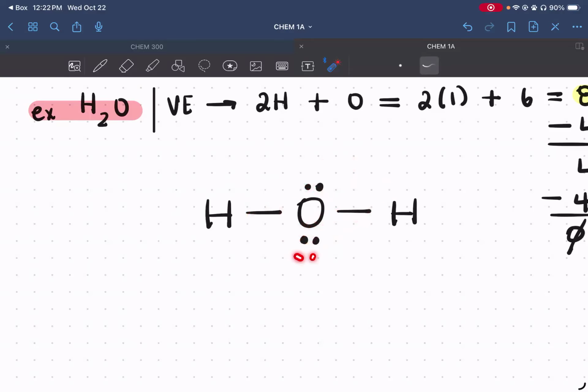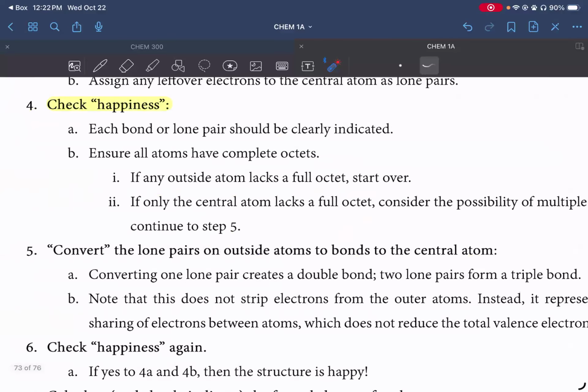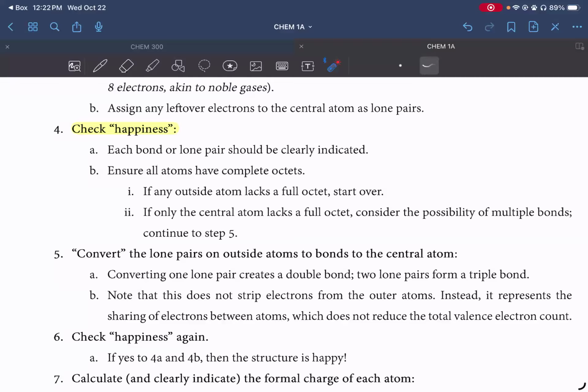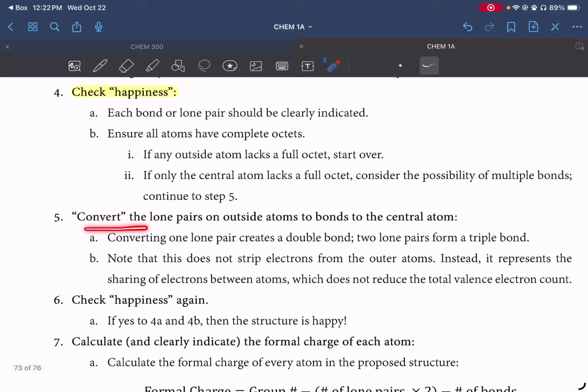This oxygen is also satisfied. With that, every single atom here has a full octet. If any outside atom lacks a full octet, start over, doesn't apply here. If the central atom lacks a full octet, doesn't apply here. We don't need to continue to step 5.